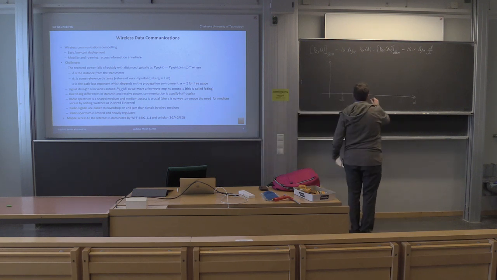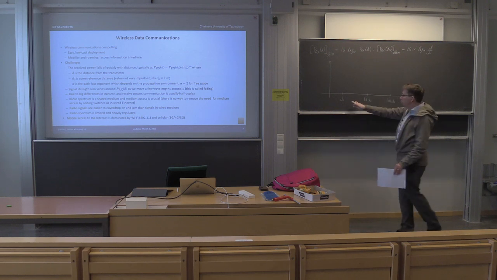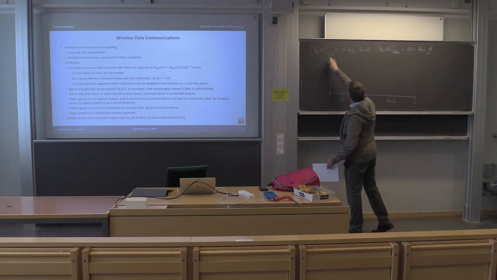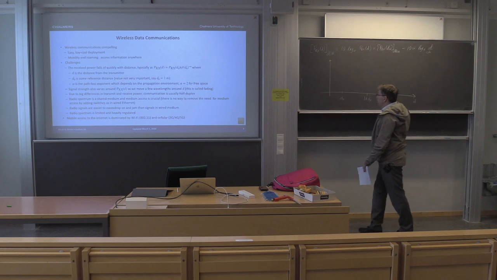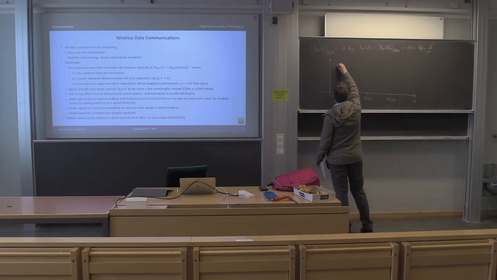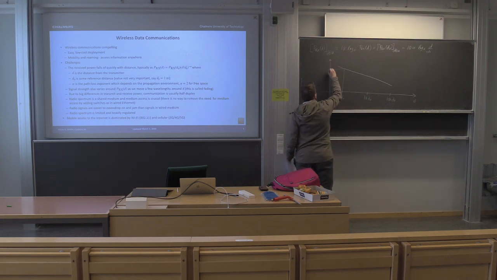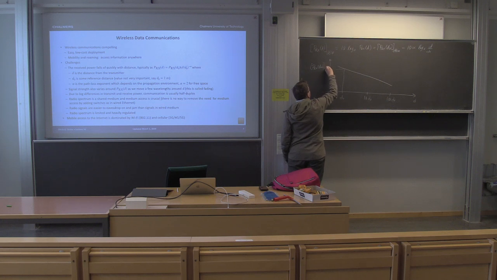And then if we draw this in log scale, this axis, so this is D0, this is 10 D0, and this is 100 D0, then this equation tells us that the received power in dBW is a linear function of the log of the distance. So it will be a straight line like this, where at the reference distance here, we have the received power at D0 in dBW, like this.